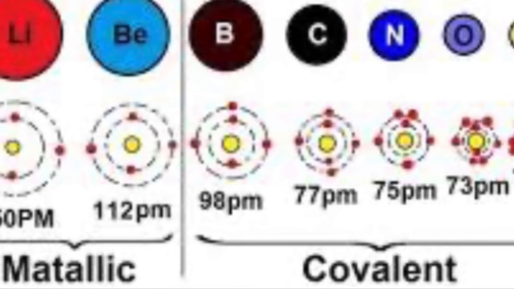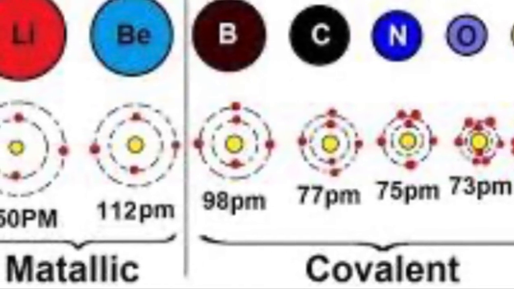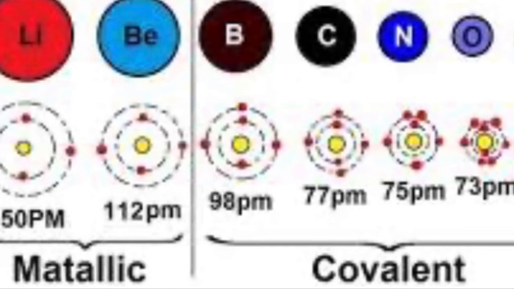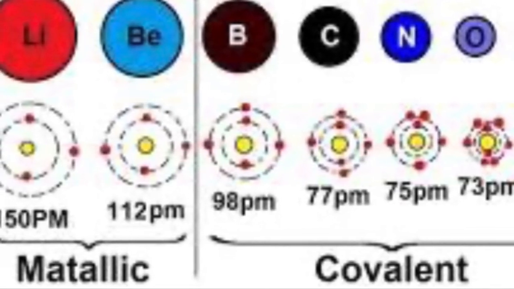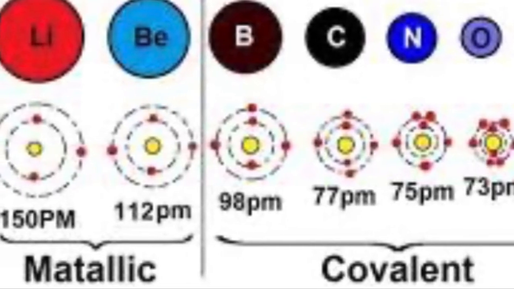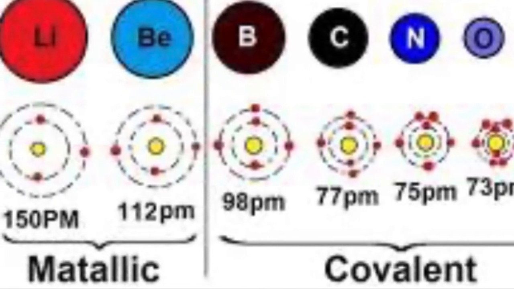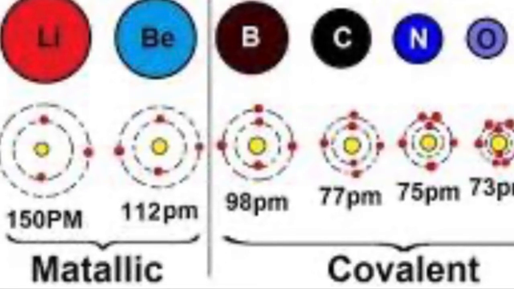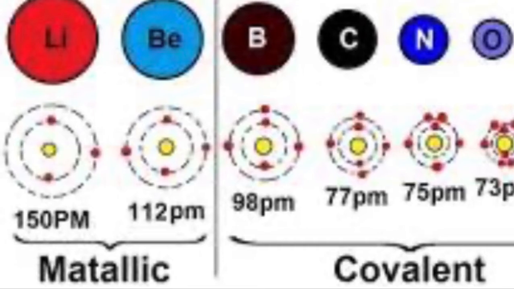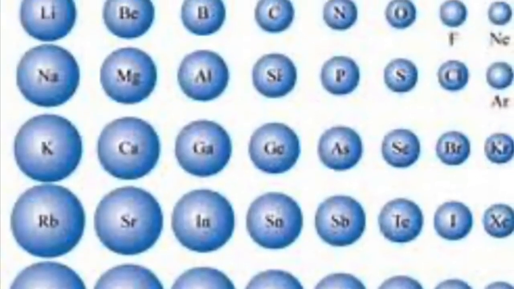As these electrons are added to the same shell, there will be a decrease in the atomic size. What happens is that the nuclear charge increases. As the nuclear charge increases, the nuclear force of attraction on the outermost shell also increases. That is, when the charge on the nucleus is increased, the force by which the nucleus pulls its outermost shell towards itself is more.